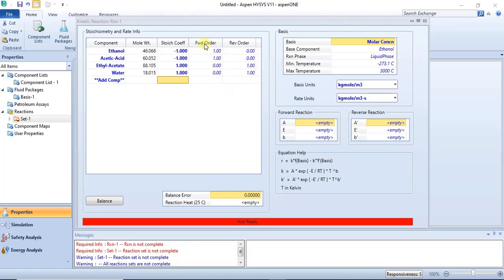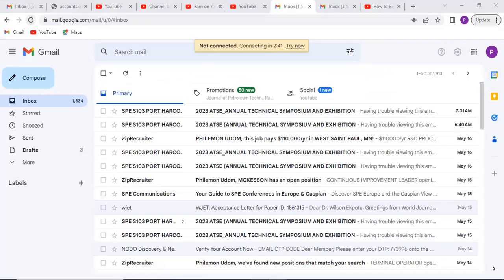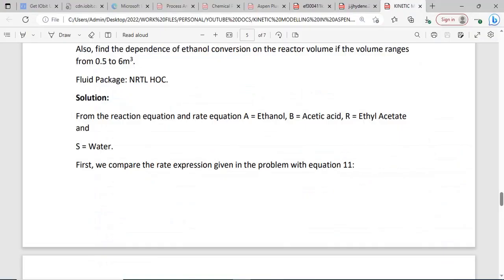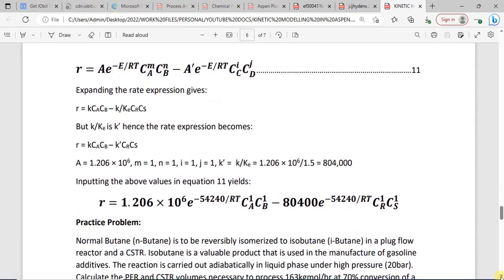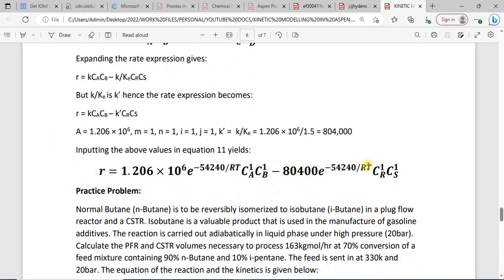So the order for each of the reactants, you can get it from the final equation I generated, which is this. So it's easy now. With this equation, it's very easy.